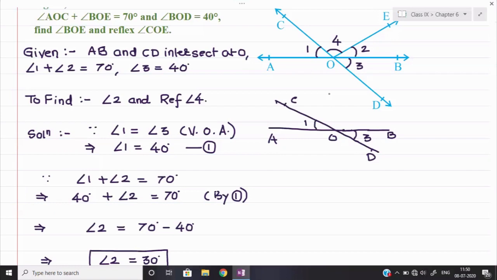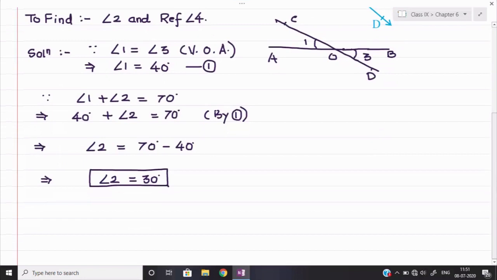Or in simple language, think about what can be the value of angle 1. If I draw a line from angle 1 to angle 4, can I say that it is forming a semicircle from angle number 1, angle number 4, until angle number 2? So if I join these three angles, they will form a semicircle. So the addition of all three angles will be equal to 180 degree.